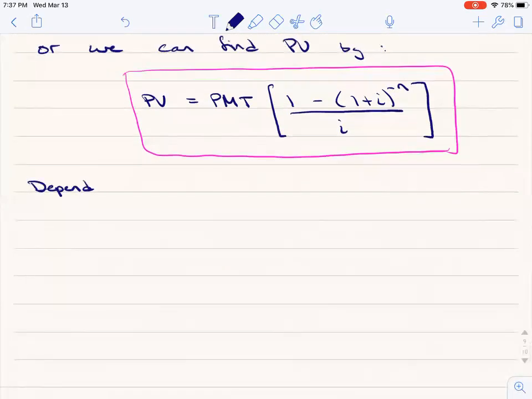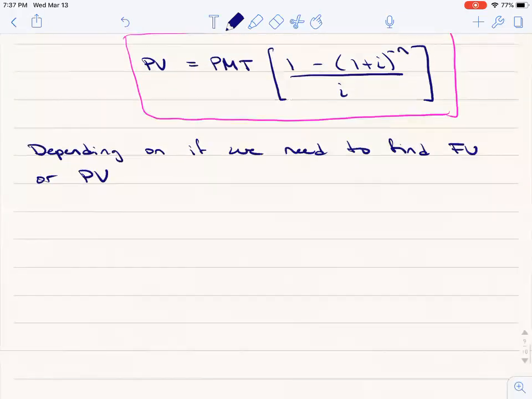So depending on if we need to find FV or PV, we will need to pick the appropriate formula, of course.